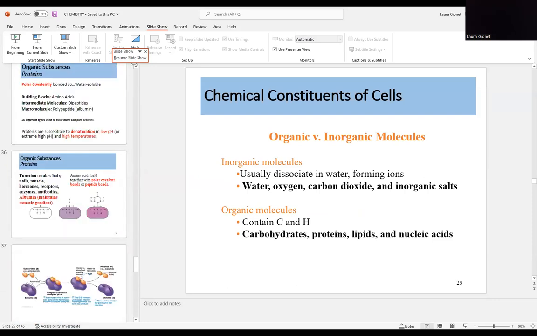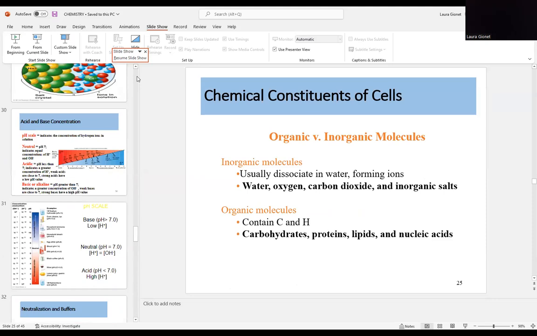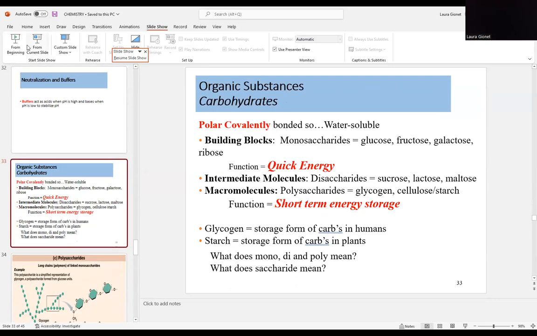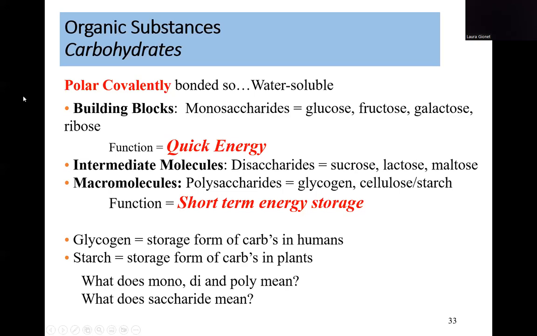Let me just scroll down a little bit. Okay, so let's talk about carbohydrates first. For each of these families, we're going to identify the building blocks, intermediate molecule, if they have one, and then the macromolecules. So we're going to start with carbohydrates.